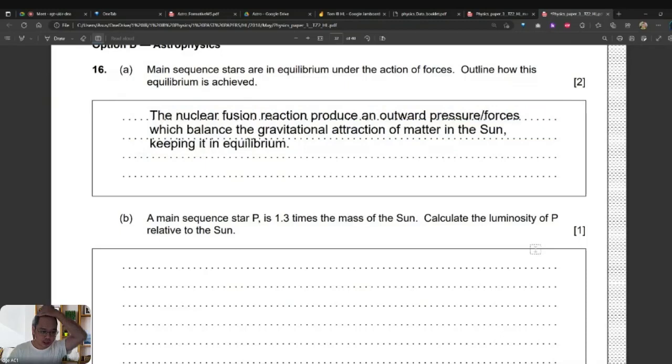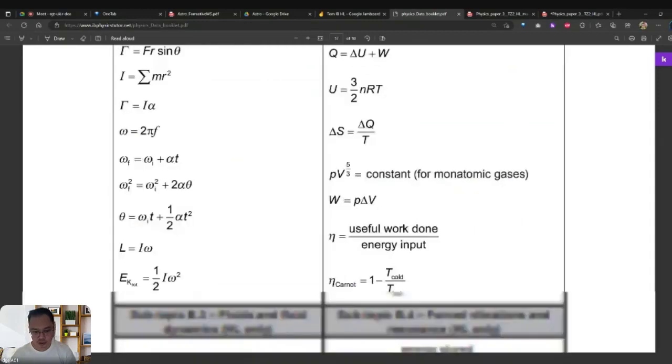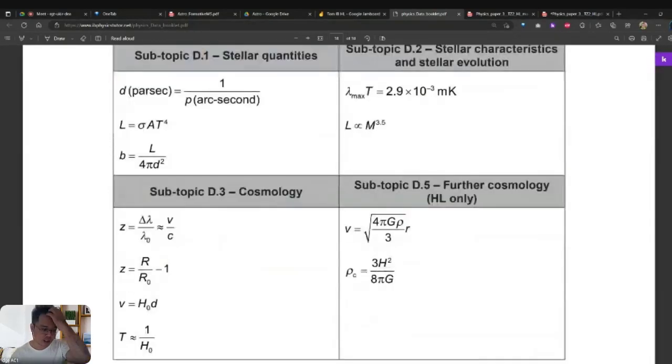Main sequence star P is 1.3 times the mass of the sun. Calculate the luminosity of this star relative to the sun. Which equations among these do we use to answer this question? Luminosity and the mass. Knowing the mass of the star is 1.3 times the mass of our sun, can we use the second one from topic D2?